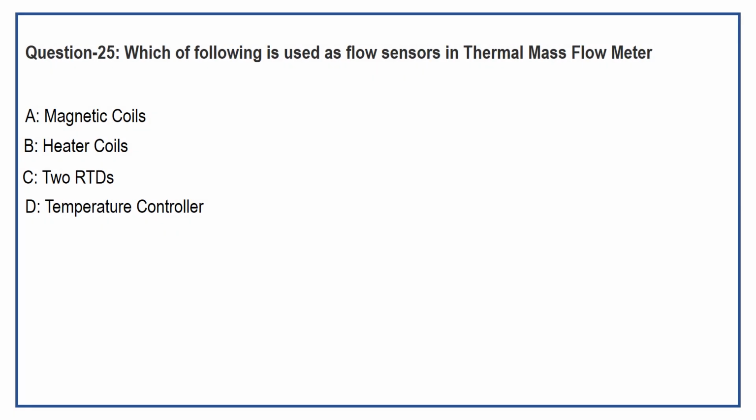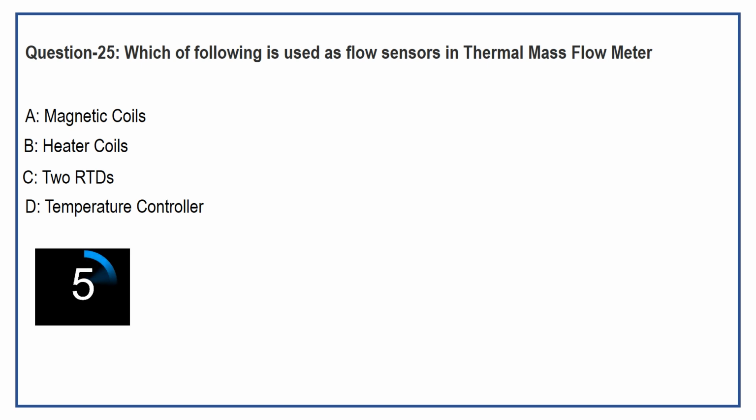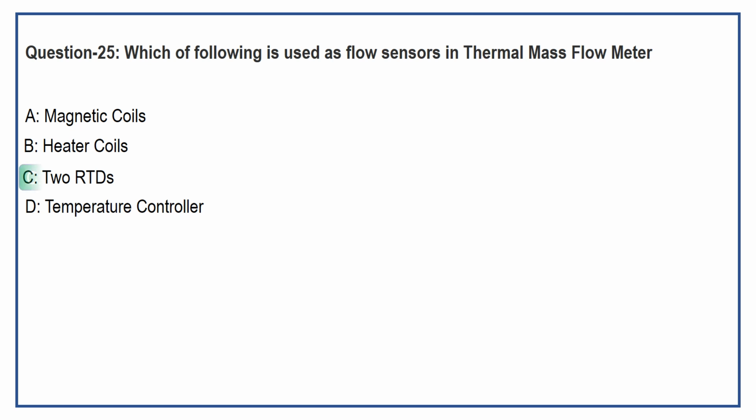Next question is, which of the following is used as flow sensor in thermal mass flow meter? Option A, magnetic coil. Option B, heater coils. Option C, two RTDs. Or option D, temperature controllers. So the right answer of this question is option C, two RTDs.